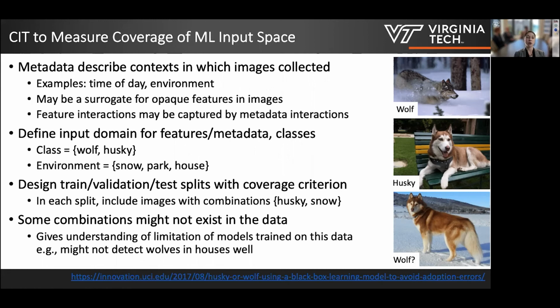So if we need to go out and deploy in an environment in which, maybe it's some futuristic Google doorbell kind of machine learning model that wants to, for people living on the outskirts of society, detect if a wolf is entering your house, then perhaps if it has never been trained on wolves being seen in houses, it might not do very well at that task. So this is the motivation behind exploring whether or not CIT can be useful for coverage of the input space for machine learning.